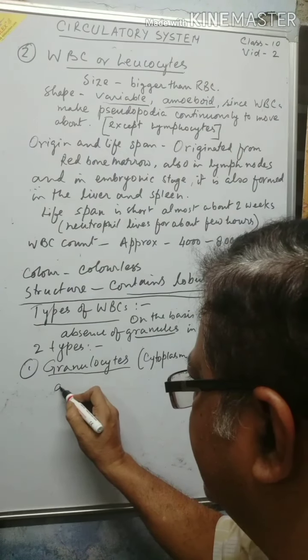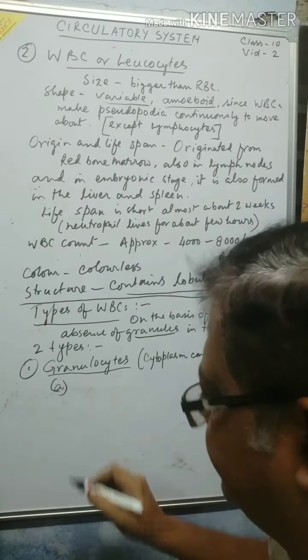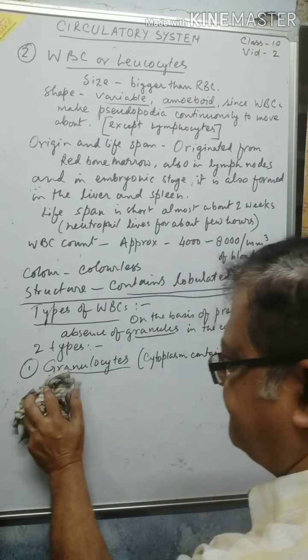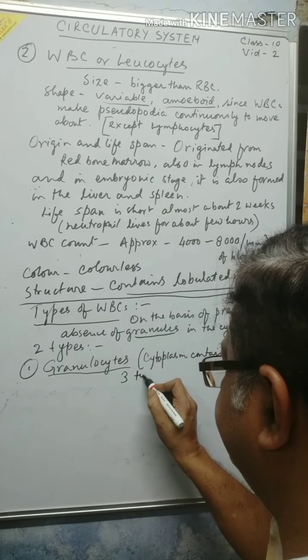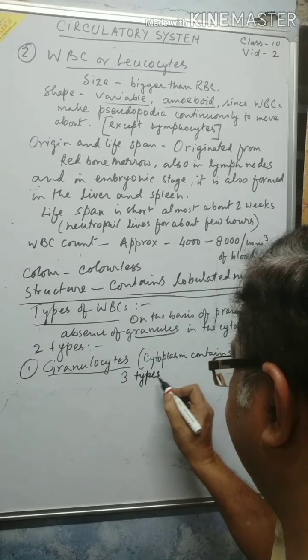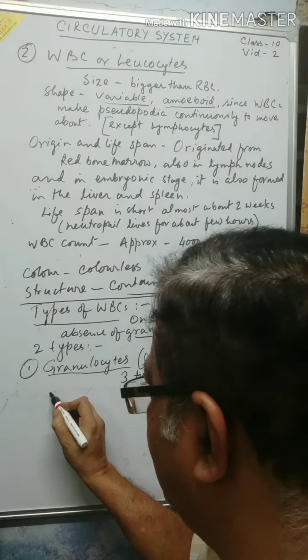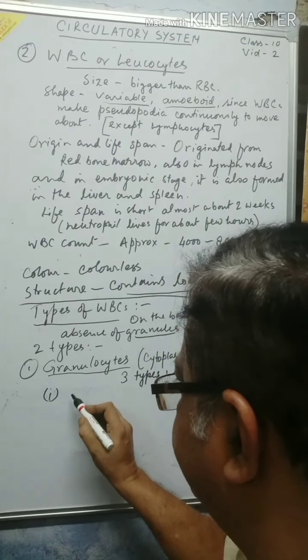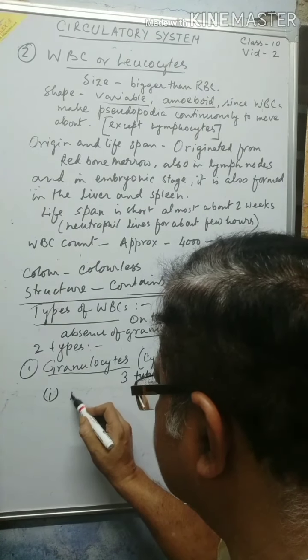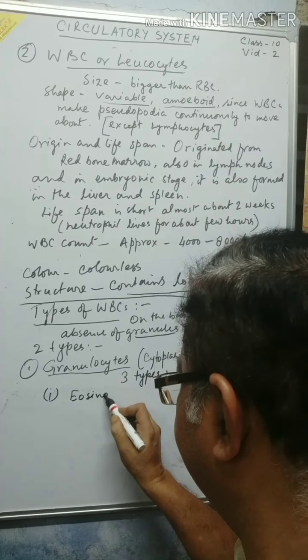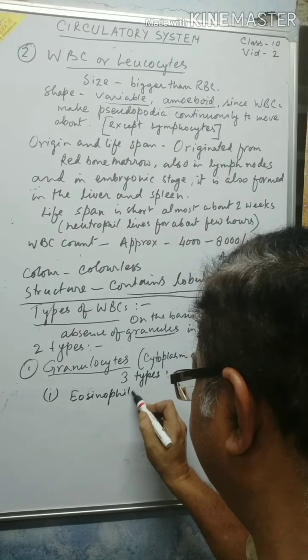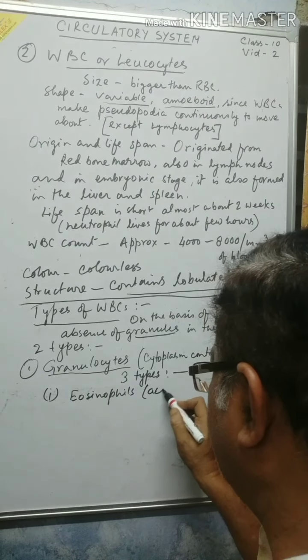There are three of them. Number 1: eosinophil, also called acidophils.